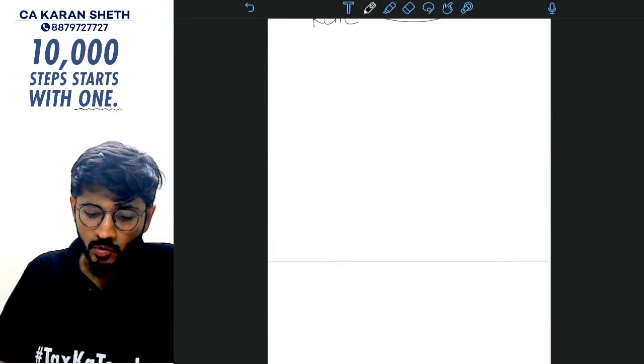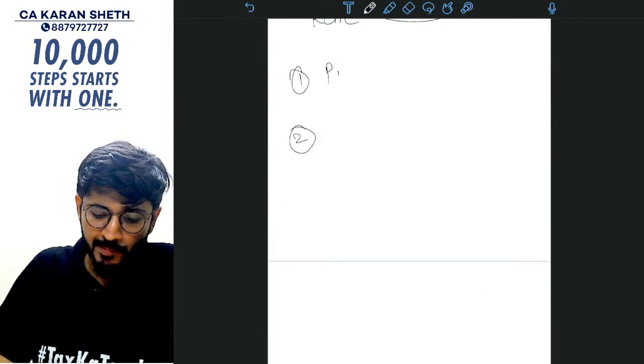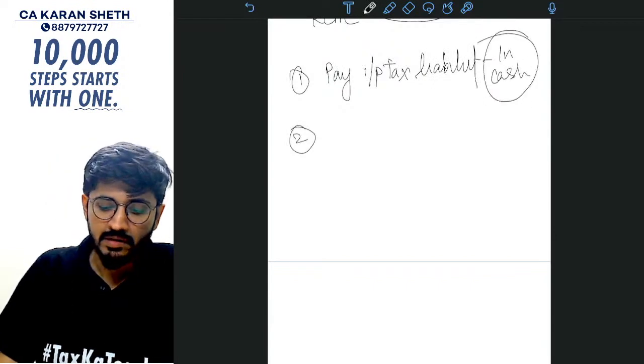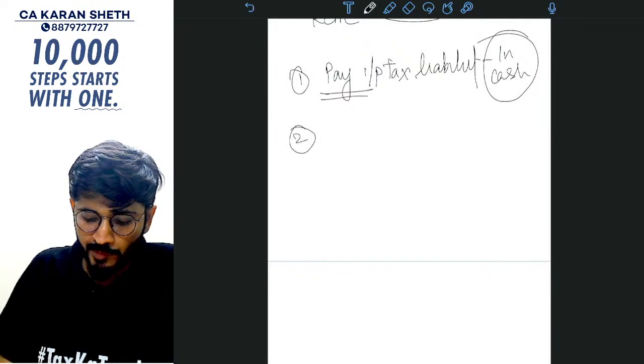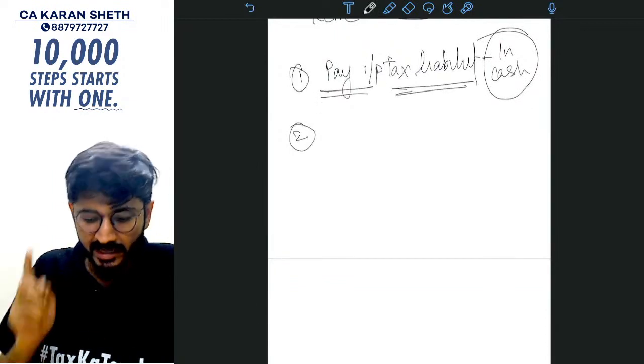So 2 things. First, pay input tax liability in cash.